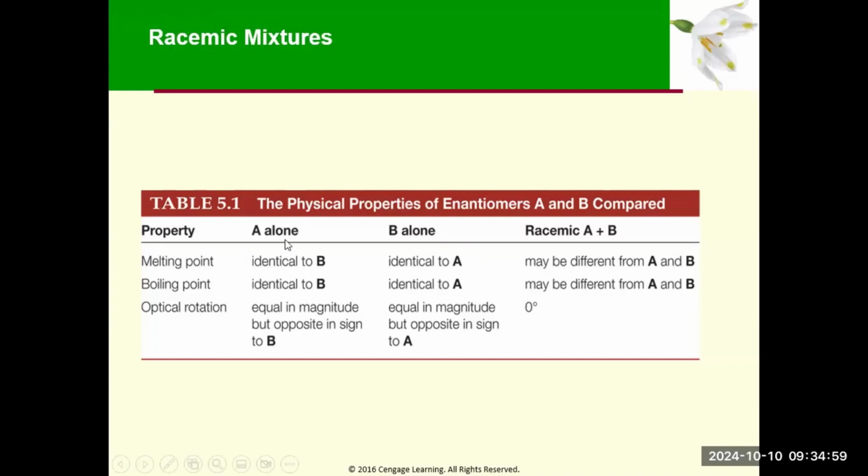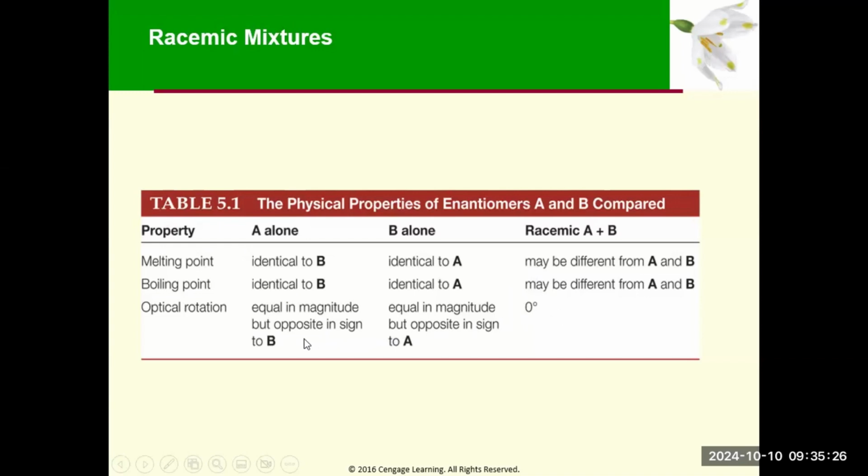You will notice that the melting points of A and B are identical. Now, with the racemic mixture, it may actually be different from A and B. So when it's a racemic mixture, the melting point can be different. Now, with boiling points, A and B are identical. However, when they're mixed, they may have a different boiling point.